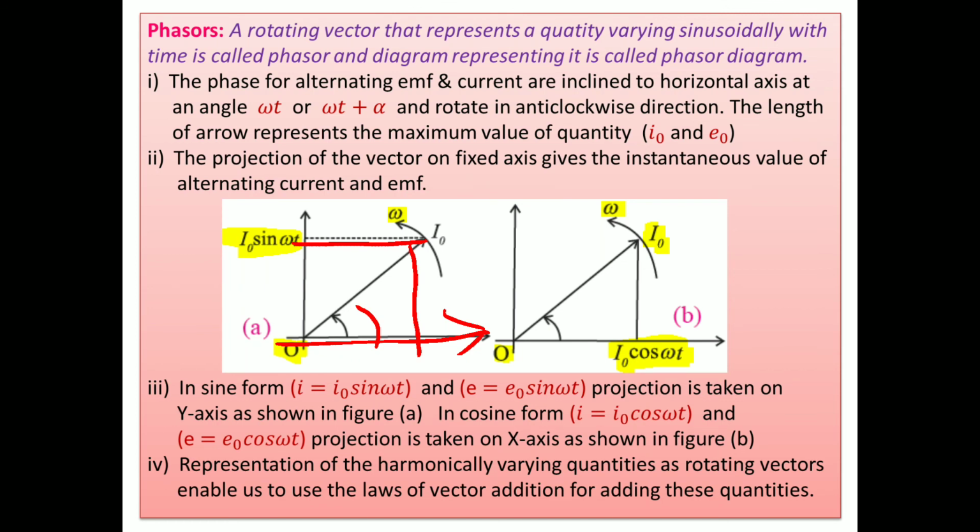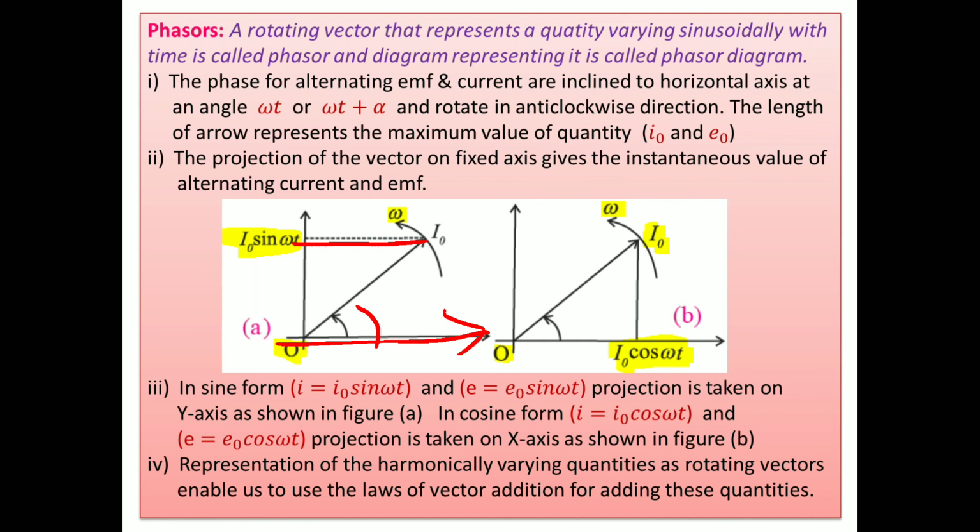When we draw the normal on the x-axis, it is I naught cos omega t. These are called the instantaneous values of current. In this figure, the phasor diagram of current is shown. Similarly, we can take the phasor diagram of EMF also, instead of current.